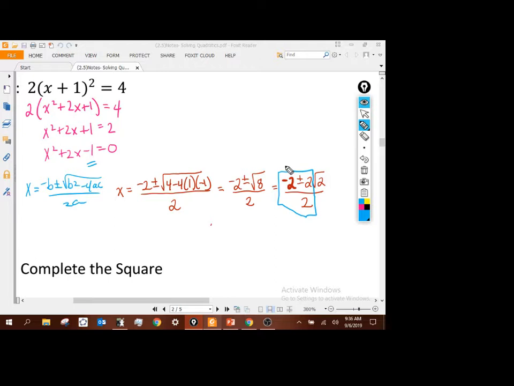So they all have a 2 in them, so I can factor that out. And I'm left with -1 plus or minus root 2. Okay? Would you agree that took a little bit of time? Is there a quicker way?